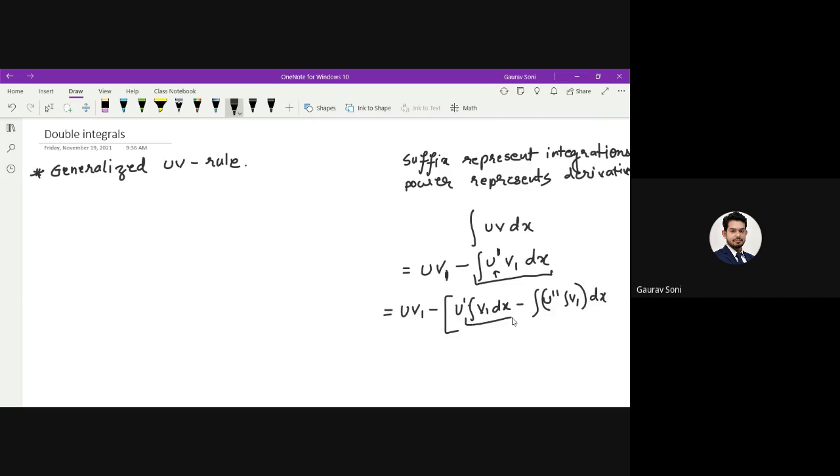What should I write here? What suffix represents maybe the number of v? V2.